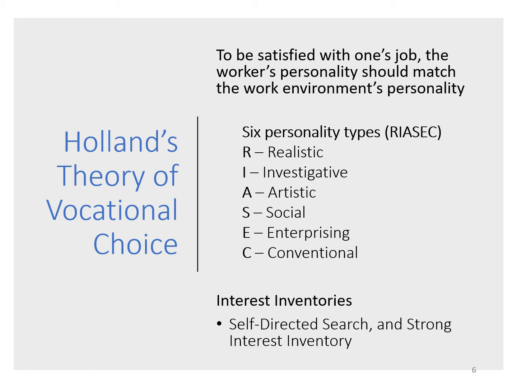Basically, to be satisfied with one's job, the worker's personality should match the work environment's personality. The 6 personality types proposed by Holland can be easily remembered by the acronym RIASEC. R, realistic; I, investigative; A, artistic; S, social; E, enterprising; and C, conventional.